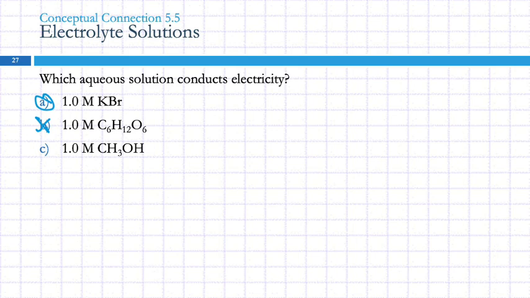So in Chem 1A, we are very careful in how we write our chemical formulas, so that acids always start with an H. I would never write this starting with an H because that would be confusing.